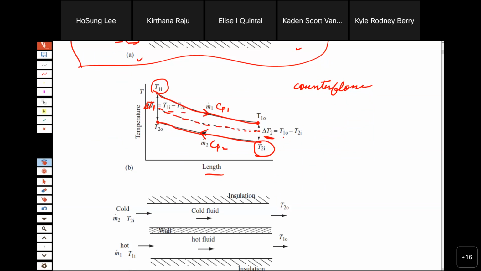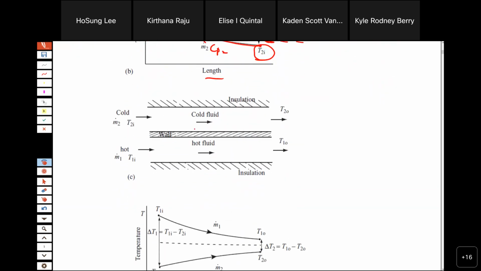Delta T2 is T1 out minus T2I. Whenever you have a distribution, you can always define T1, T2, but you have to draw the distribution.